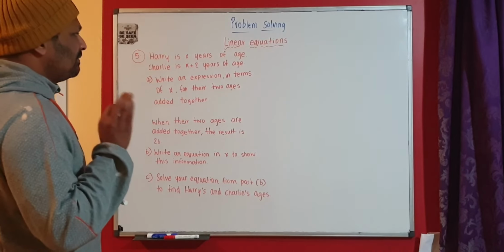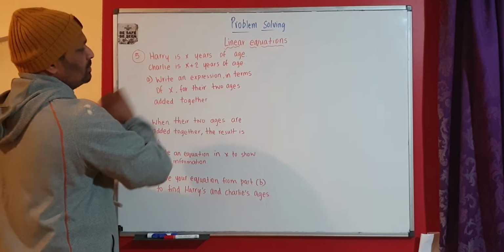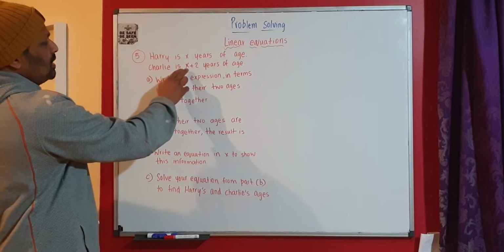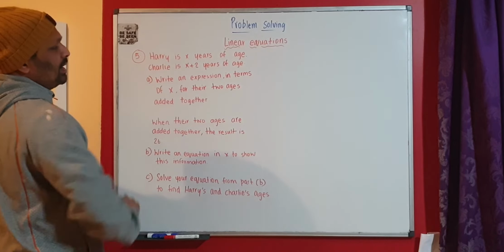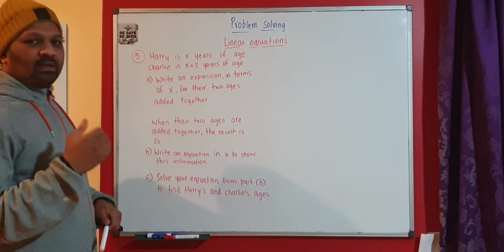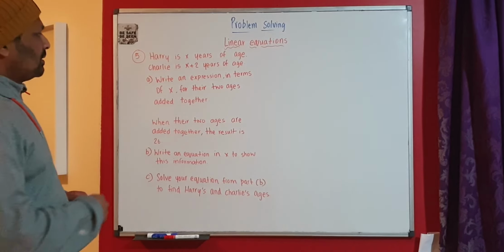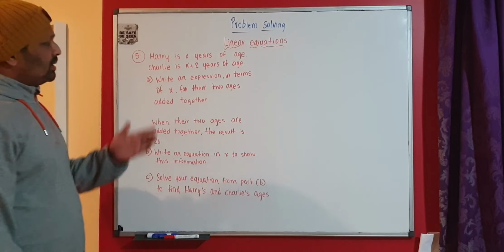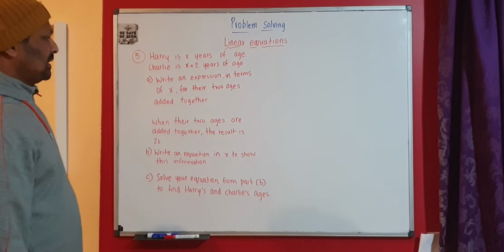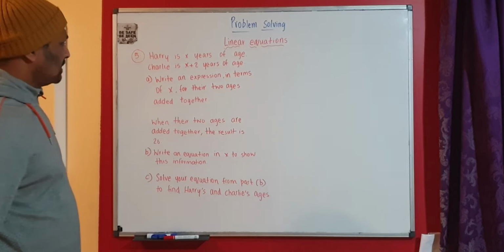You should be very familiar and very accurate when reading this. Charlie is 2 years more than Harry. Harry is x, whereas Charlie's age is x plus 2 years. So when you read out this sentence, you can say that Charlie is 2 years more than Harry's age. Okay, so that's one statement given.